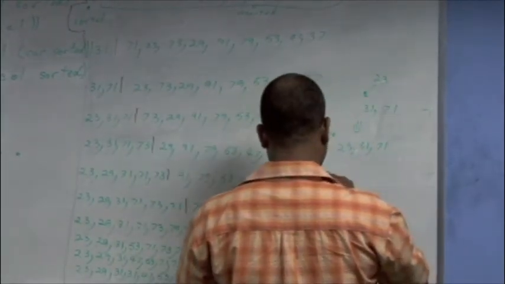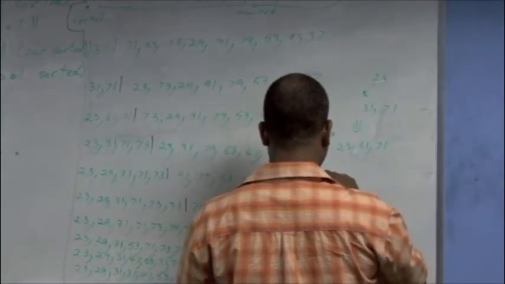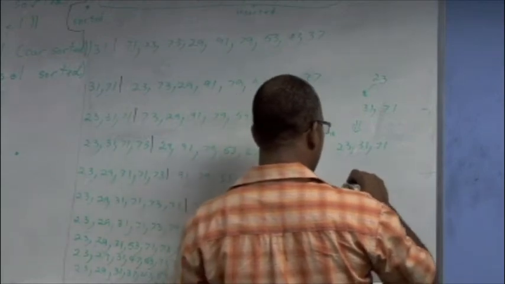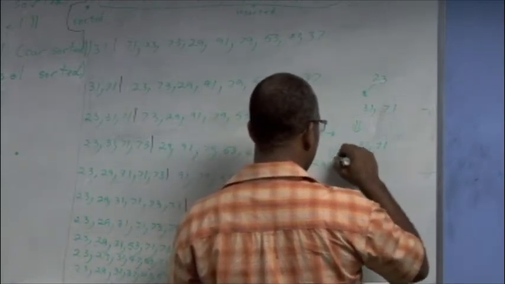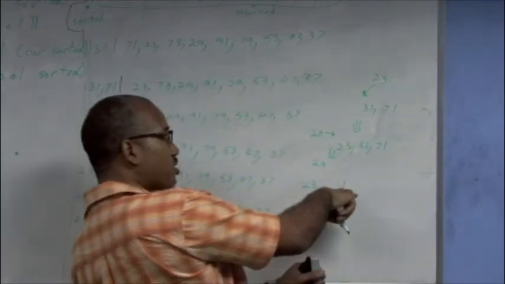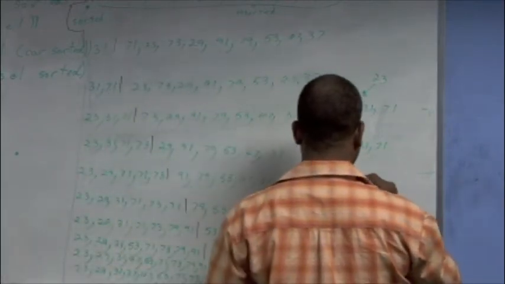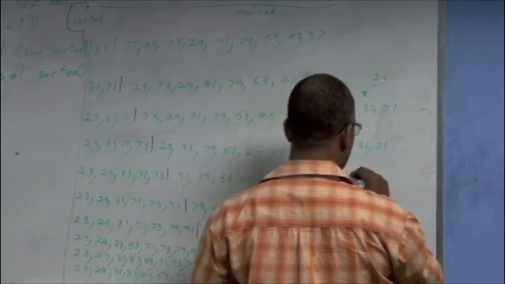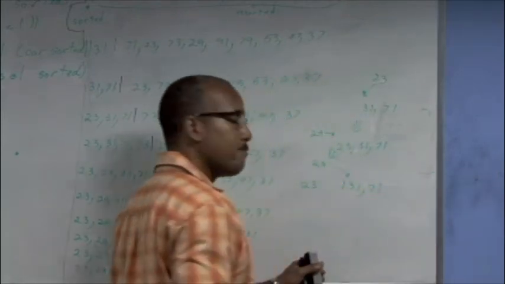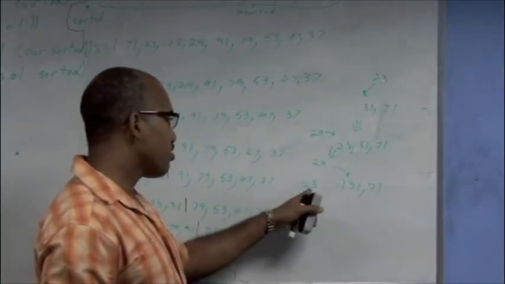So what we're going to do is put the 23 to one side, and then we can call insert-one on 29 and this other list with 31 and 71. And when you're done with that, you just tag that back on.